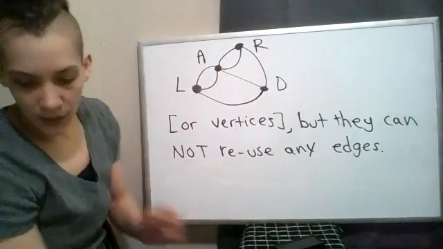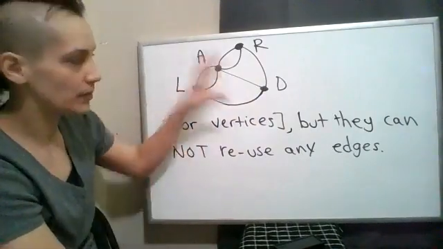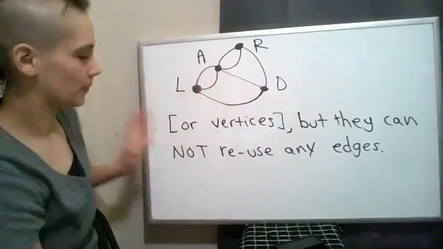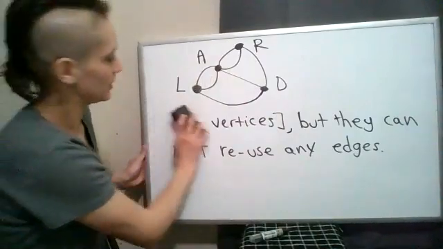So the question was, can a person travel across or travel through the map and visit every edge one time? So can a person find an Euler path?